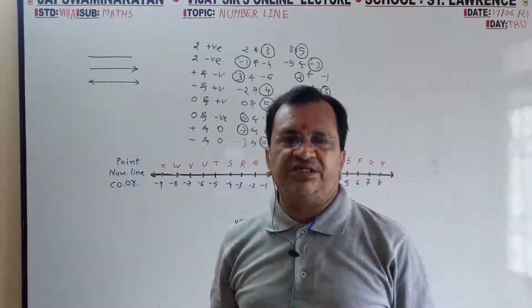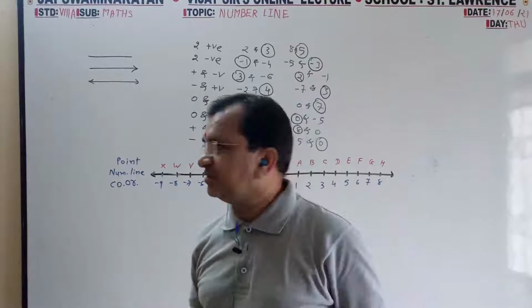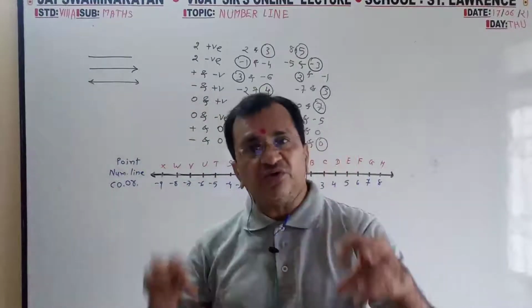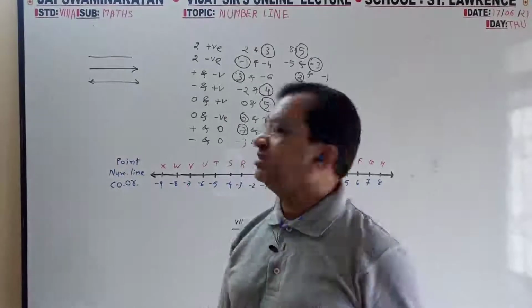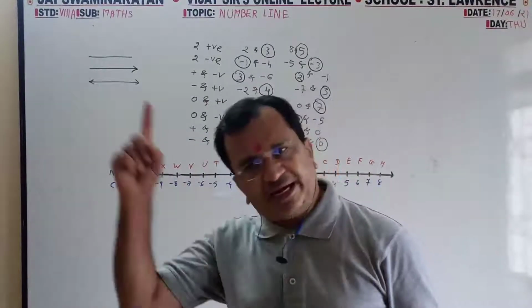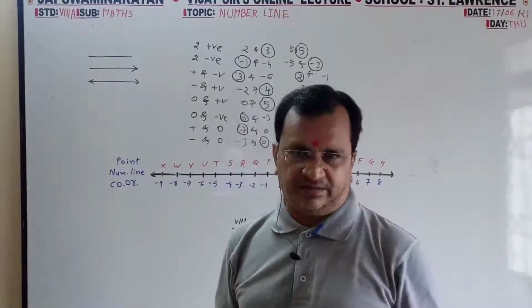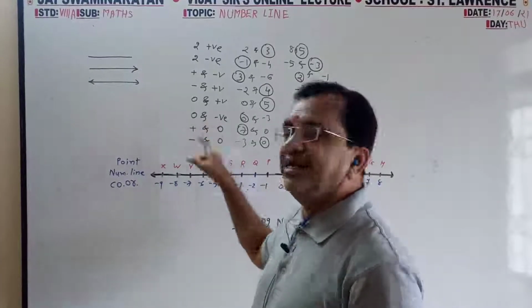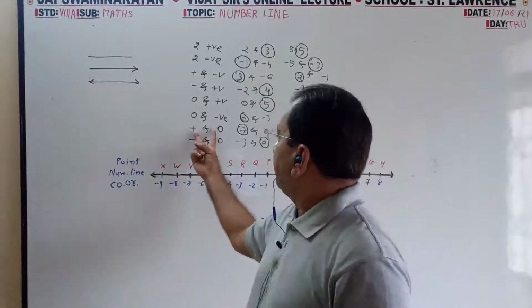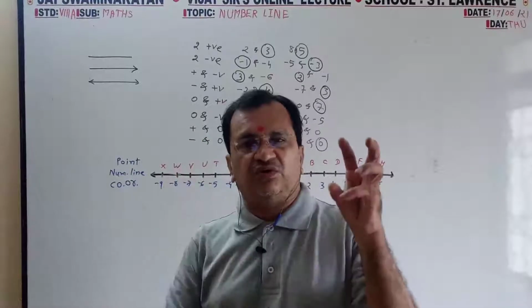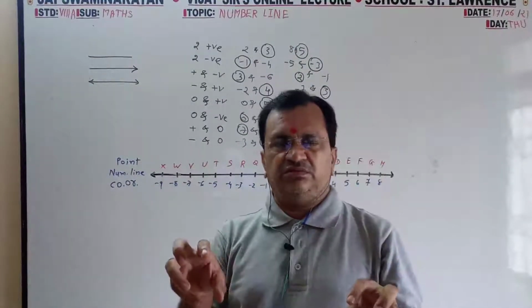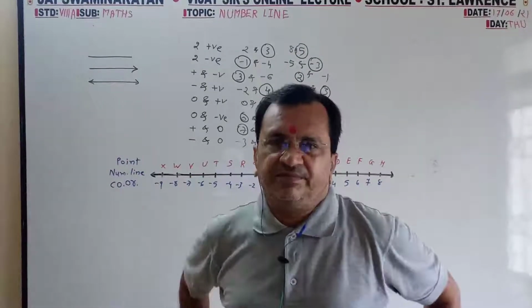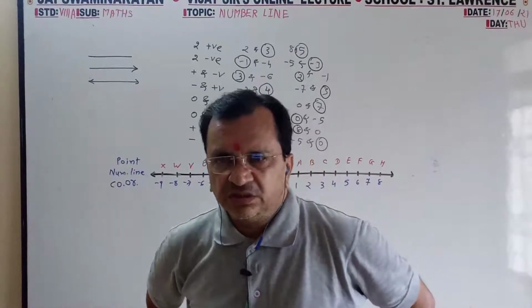With 0 and positive, positive is always bigger. With 0 and negative, 0 is always bigger. Negative and 0, 0 is bigger.